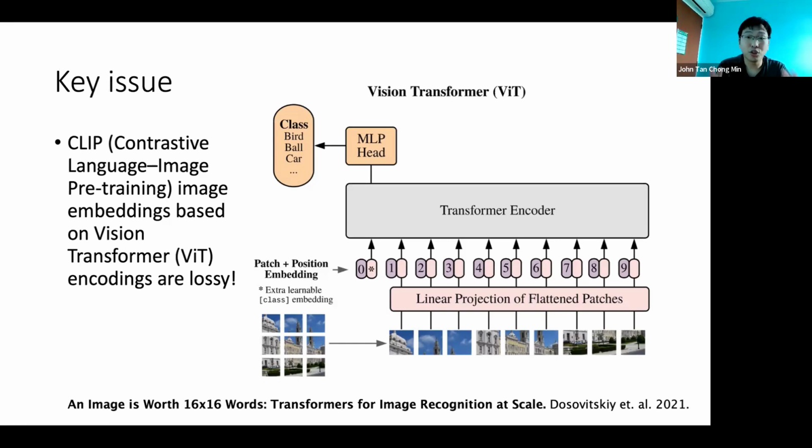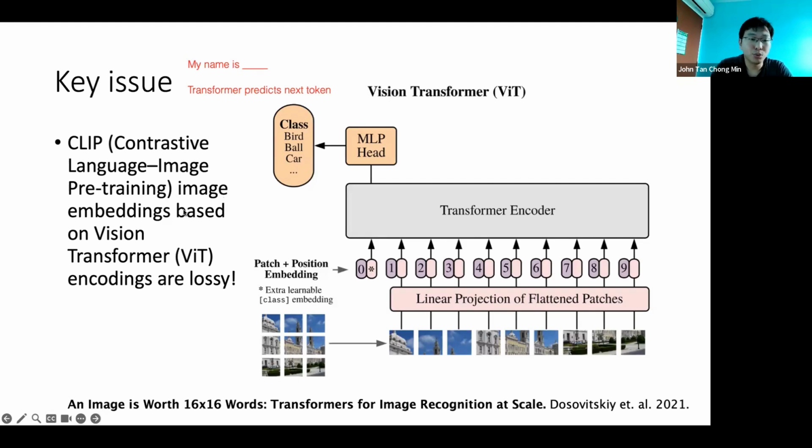Because as you all know, for a transformer, you have tokens like "my name is", and then the transformer predicts the next token. So in order to do multimodal large language models, we need to split the image into multiple tokens so that we can do inference over it.